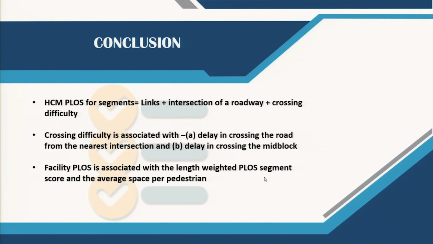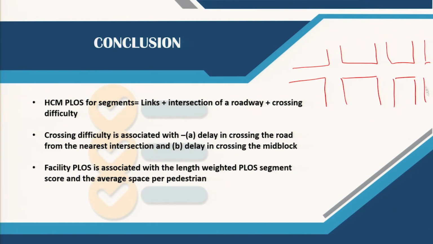So, in conclusion, one thing to remember is that there are different units for a pedestrian facility. So, you have to consider each of the units separately when you are trying to develop a pedestrian level of service score, right. So, if this is a facility and you are walking along this direction, an intersection pedestrian level of service would be this.